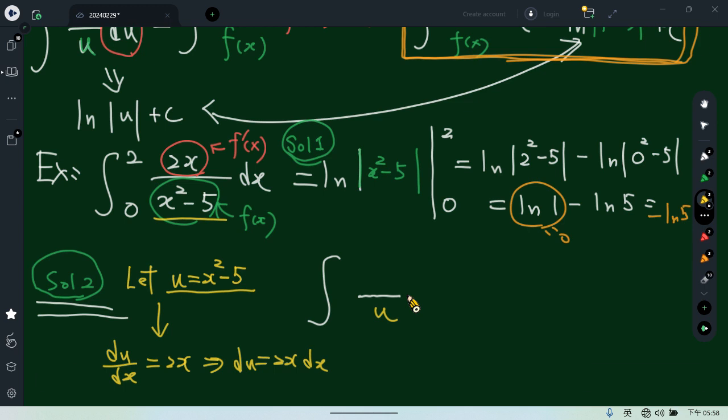Then you can also see 2x dx, right? So here will be du. Then it's a definite integral, right? So from 0 to 2. So what is this?